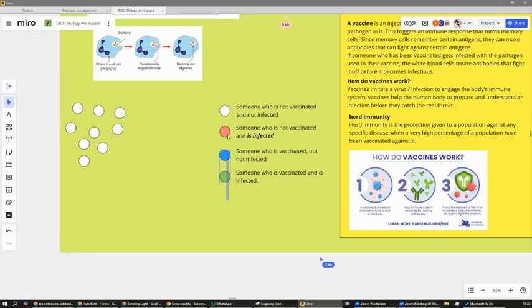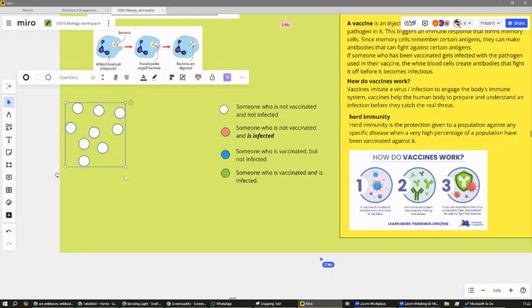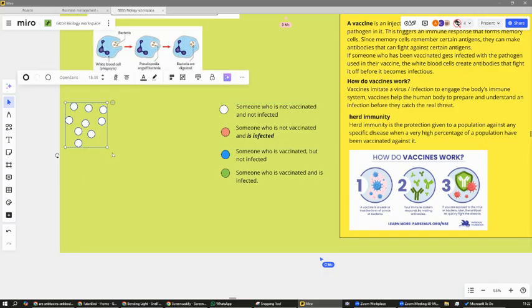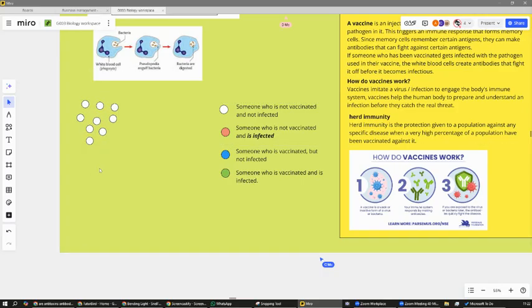Okay, I'm going to shrink all these circles because I'm not going to have enough space. Alright, so we'll leave that just like that. I'll put a little rectangle around it as well, I think.